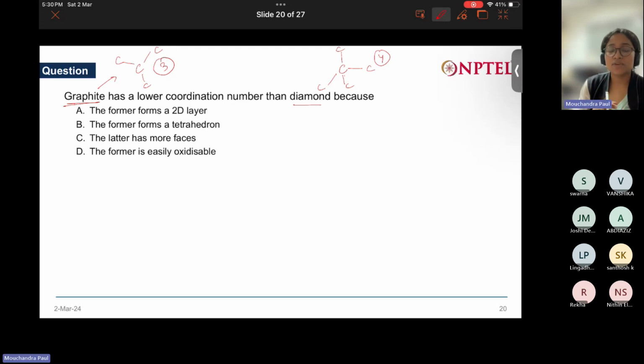So the correct answer for this question is A. Graphite has a 2D layer, it forms sheets, one sheet on top of the other. Because of that, it has a lower coordination number. Whereas for diamond, the coordination number is higher. It has a tetrahedral kind of structure. The other two options are not relevant in this case. This question is just for your general knowledge. That's it.